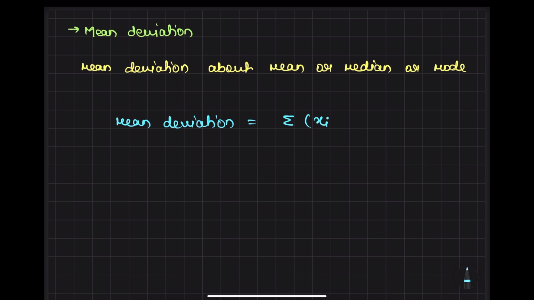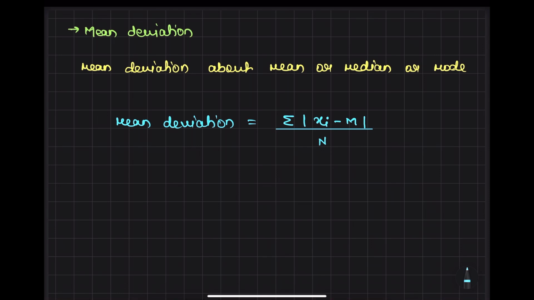So from the marks, you have to subtract M, and then you have to take the mod. Is it clear? And after finding this, you have to divide it by the number of terms, meaning the total frequency n.